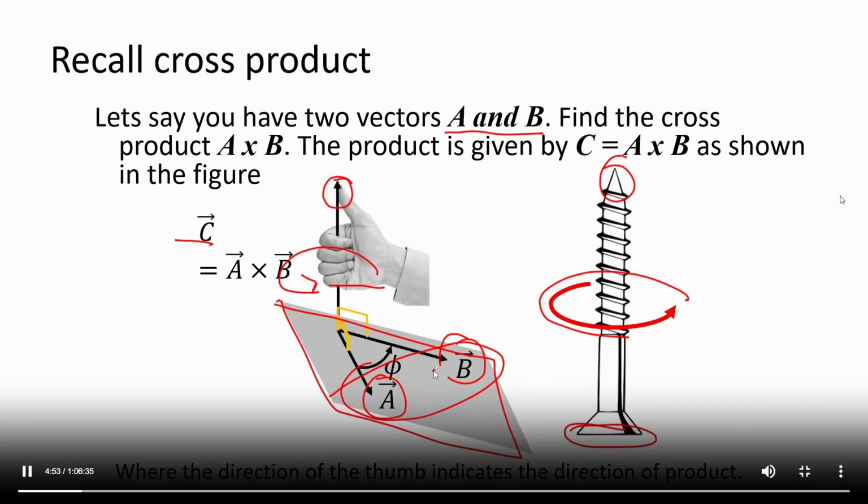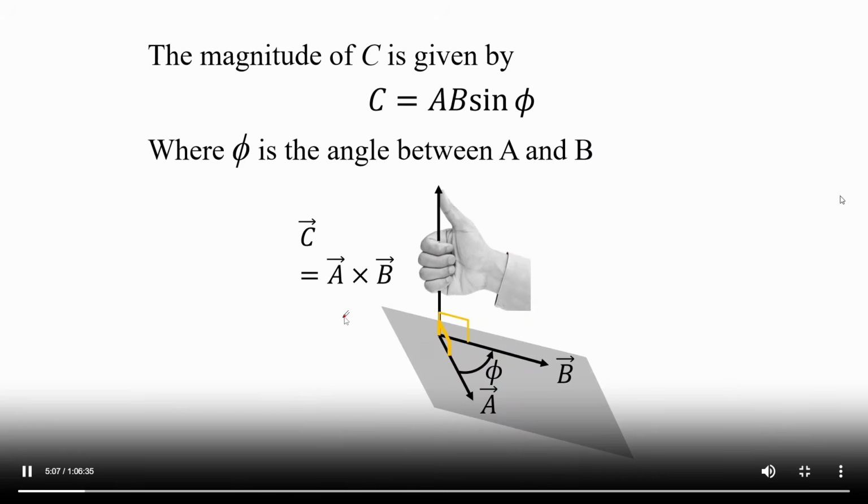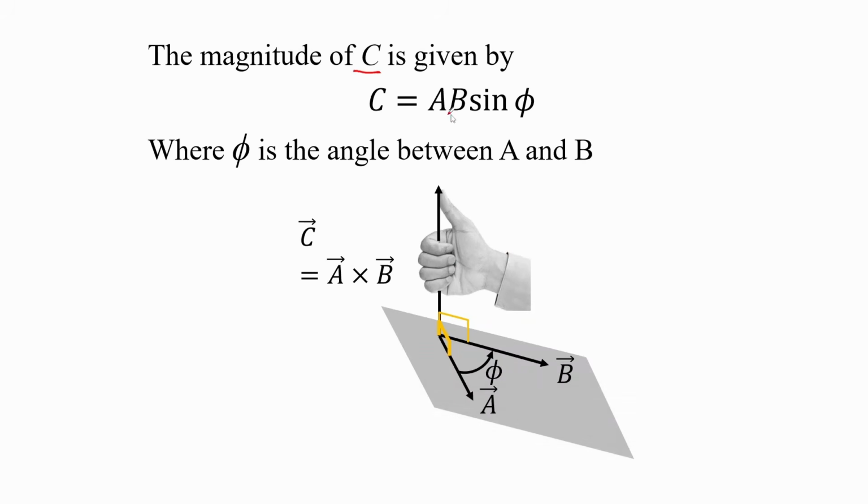So as you can see, vector C is perpendicular to vectors B and A. It is perpendicular to the plane. Now, the magnitude of C is given as the magnitude of A times B times sine phi. Phi is, of course, the angle between the vectors A and B.